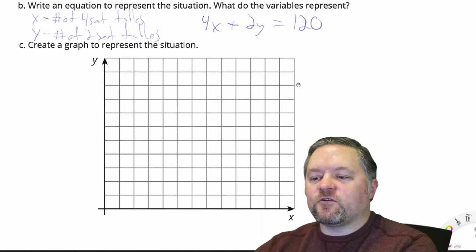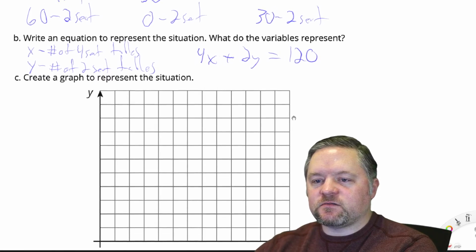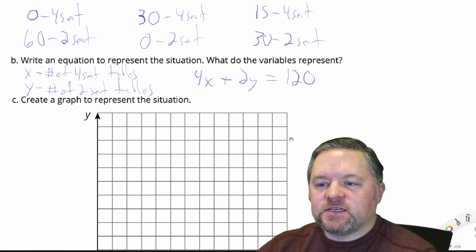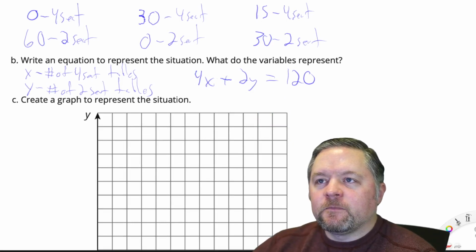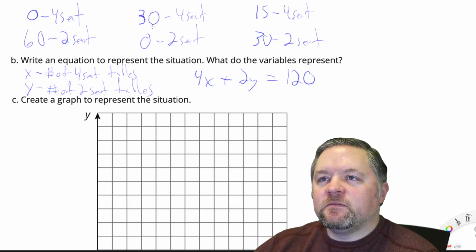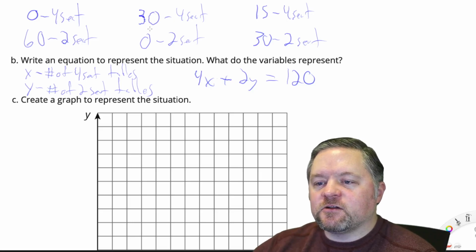Create a graph to represent this situation. So, we had a couple nice points here on our graph that we can see from looking at what we've got over here. The most 2-seaters possible is 60, and the most 4-seaters possible is 30.